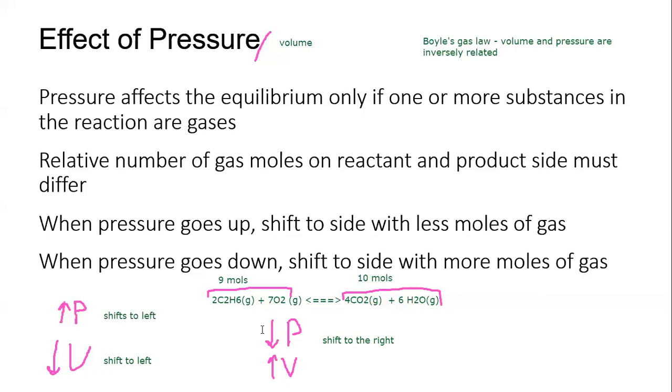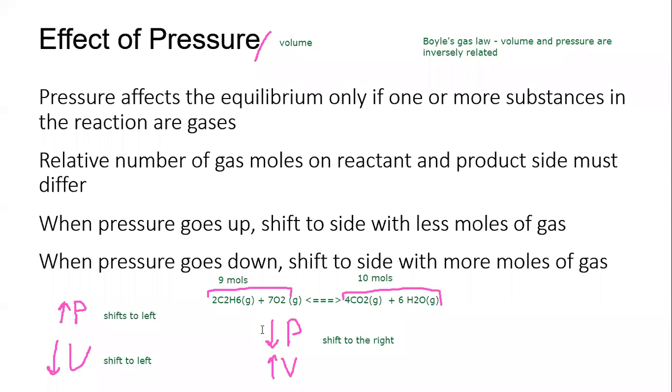For pressure, when you increase it, it's going to shift to the side with fewer moles of gas. If you decrease it, it's going to shift to the side with more moles of gas. Because as you decrease pressure, the volume increases, so there's more space for gas molecules.